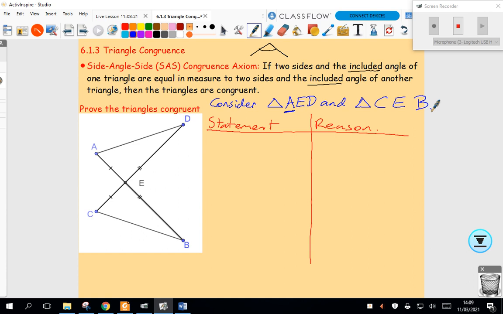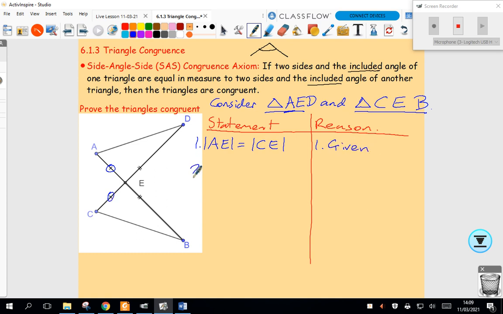The first thing I'm going to do is look at sides in this triangle and sides in this triangle. My first statement is that the distance from A to E is equal to the distance from C to E. And my reason here, well, it's given. Notice those tick marks, that's given.